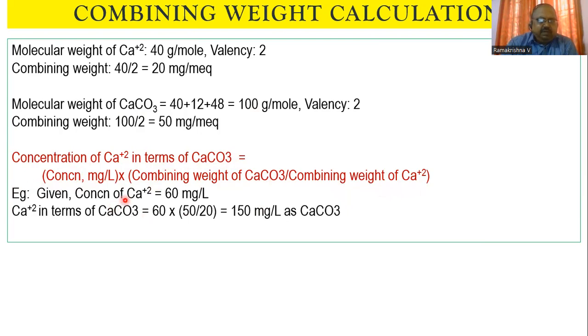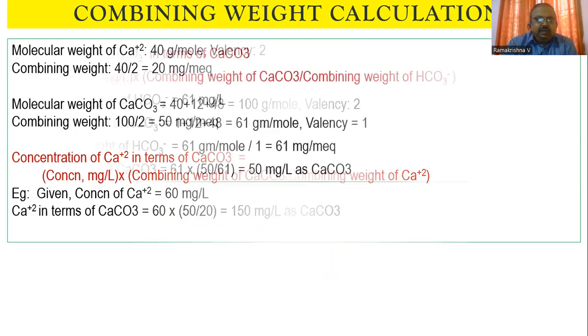For example, if Ca plus 2 is 60 milligram per liter, then applying this equation, 60 multiplied by the combining weight of CaCO3, 50, divided by the combining weight of Ca plus 2, 20. This equals 150 milligram per liter as CaCO3.